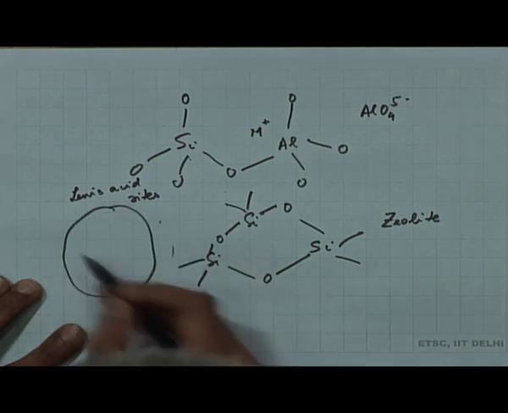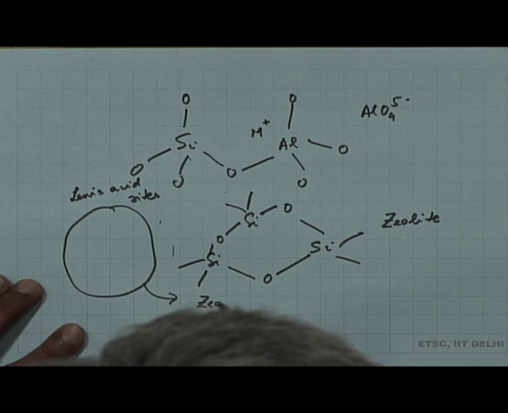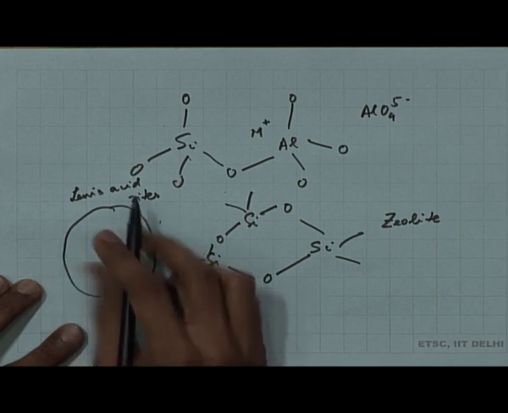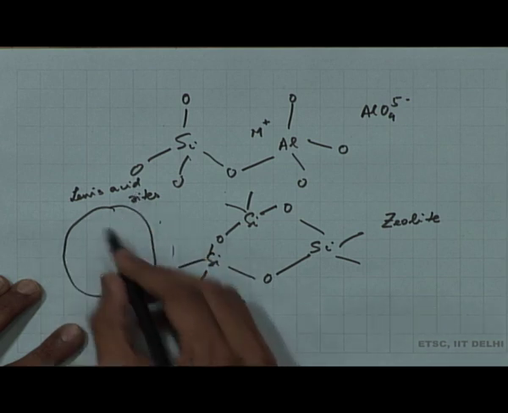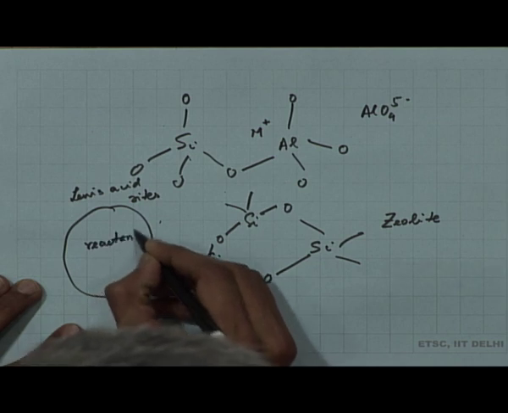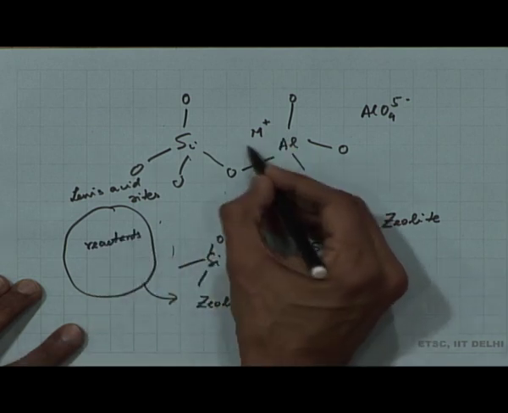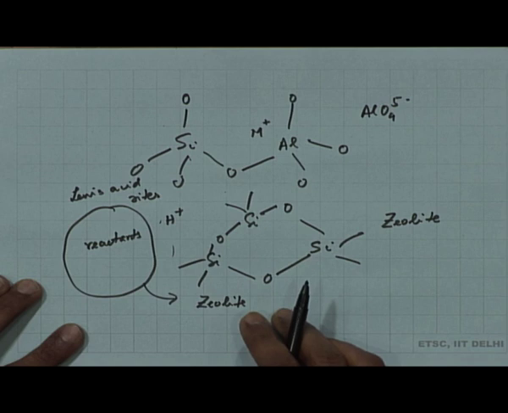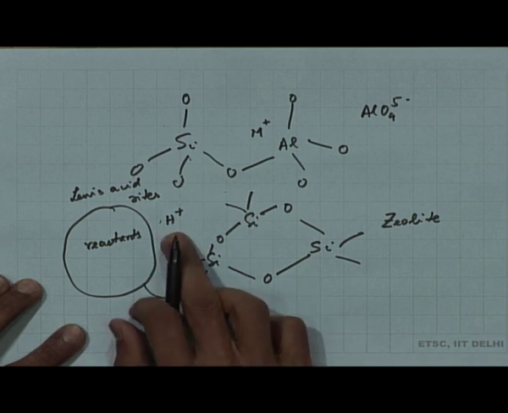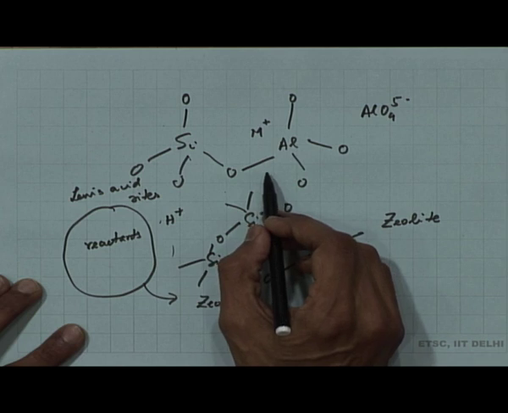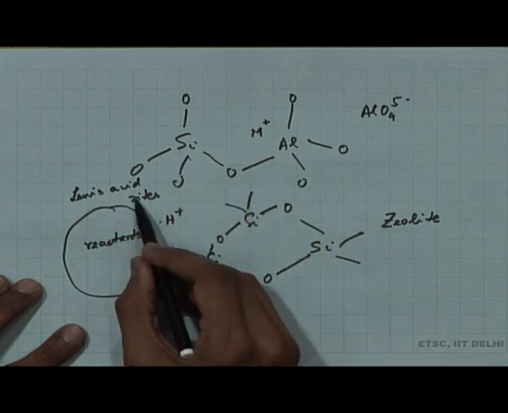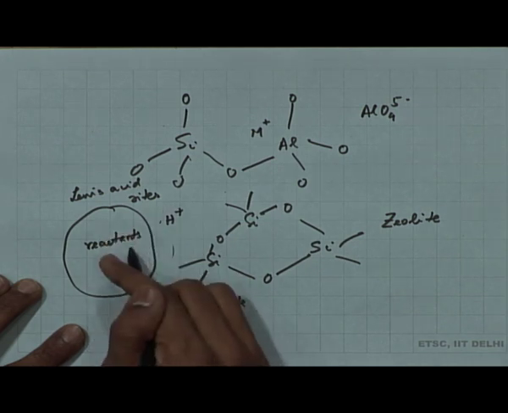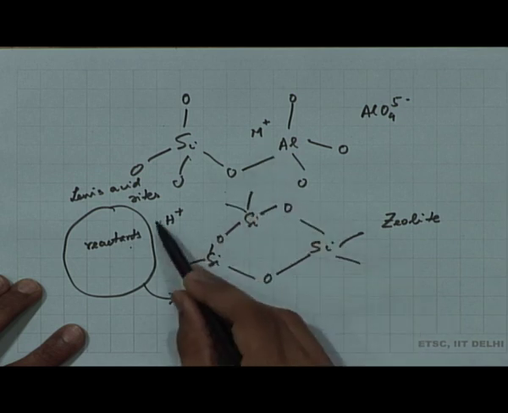So, these are your zeolite structures, and they form cages into which you can trap reactants. And if this positive charge is an H plus, then it happens to be a Bronsted acid site, whereas if you have extra framework alumina, then you have Lewis acid sites. So, these zeolites happen to have cages which can trap reactants, as well as Bronsted and Lewis acid sites.